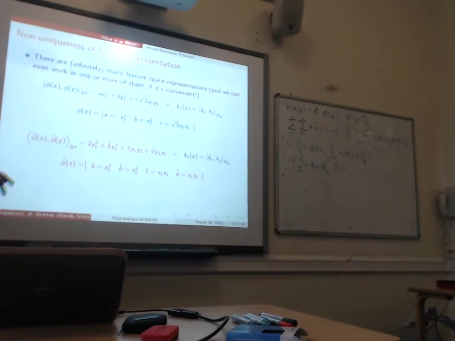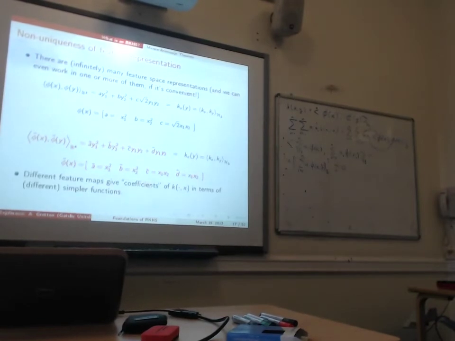And so this is this other feature space representation. Again, just some expansion in terms of simpler functions. So different feature maps give coefficients of this function k(·, x). Okay? And RKHS remains unique regardless of this representation.